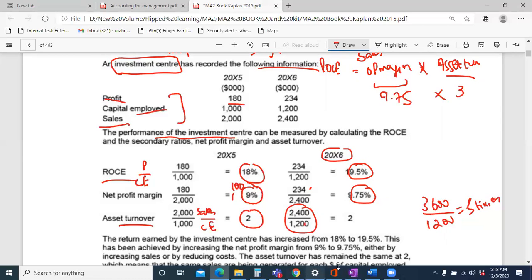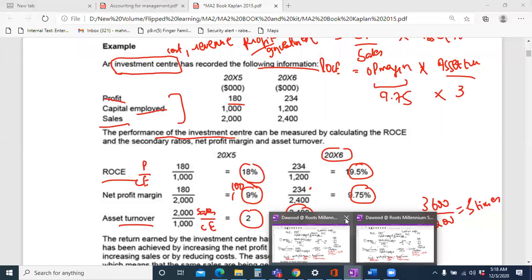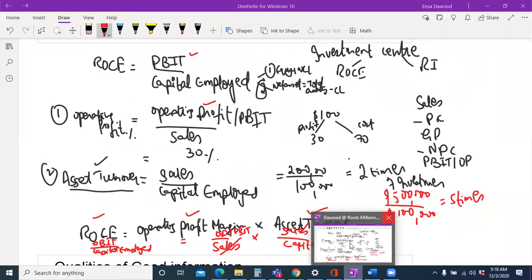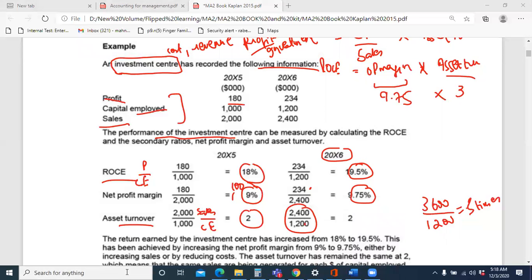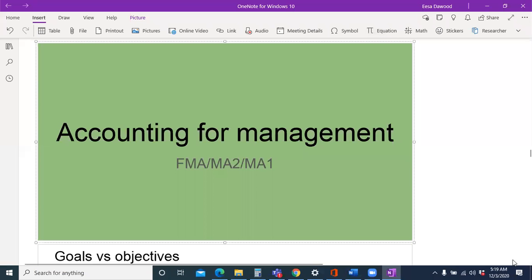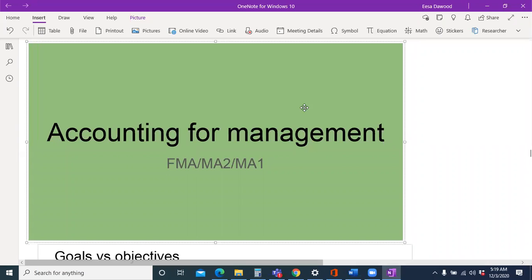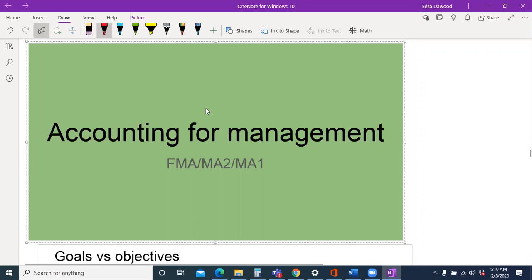The next thing in this session that we are going to discuss is accounting for management. It relates to your MA1, it relates to your MA2, and it also relates to your FMA syllabus, which is F2.